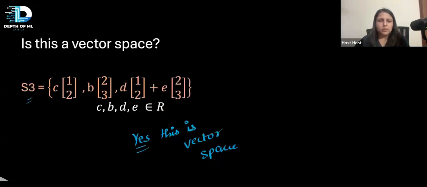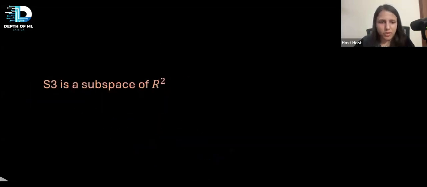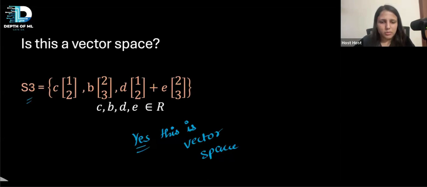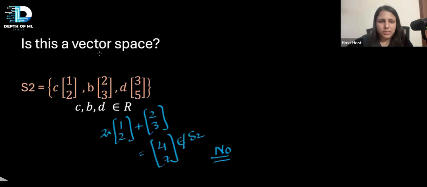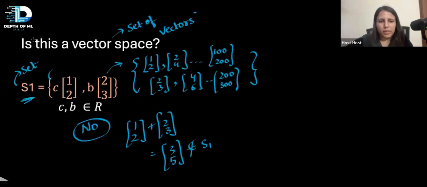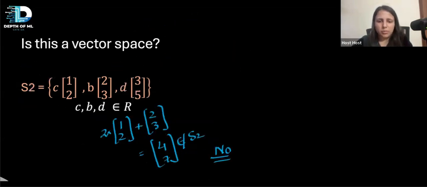Okay, let me first define another terminology. So this is actually some set, right? This is some set. Even this is some set. And even this is some set, right? So sets also have something called a subset.